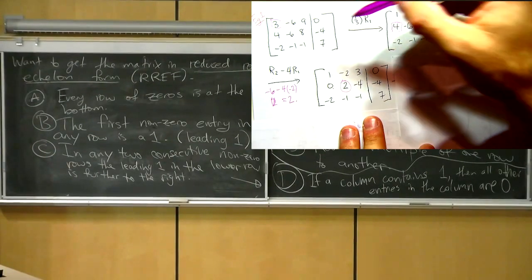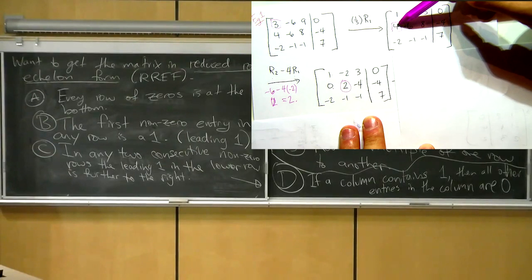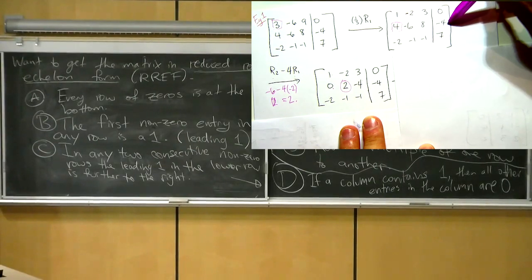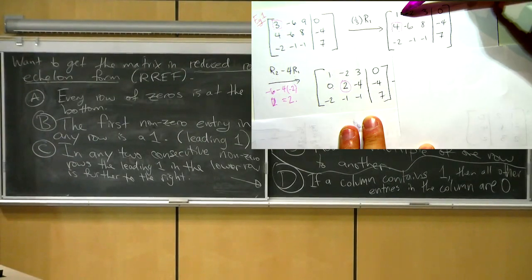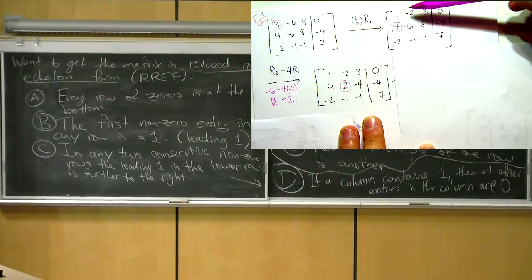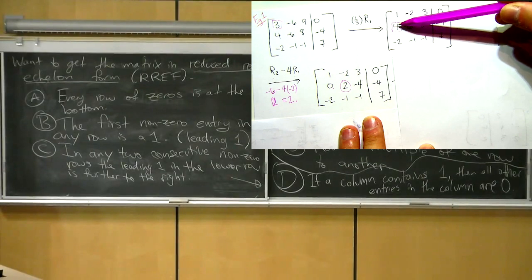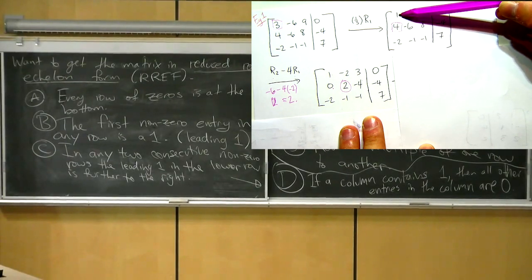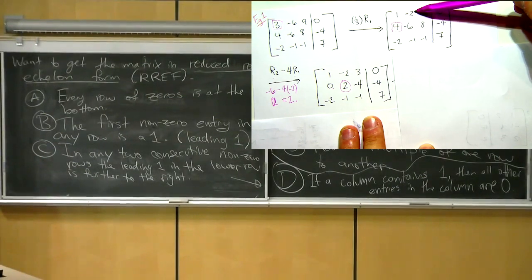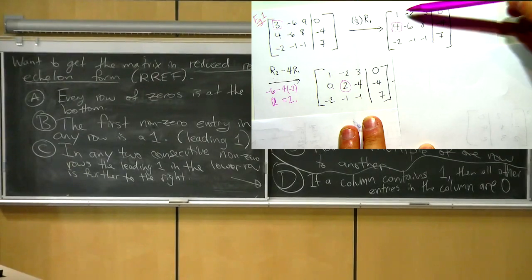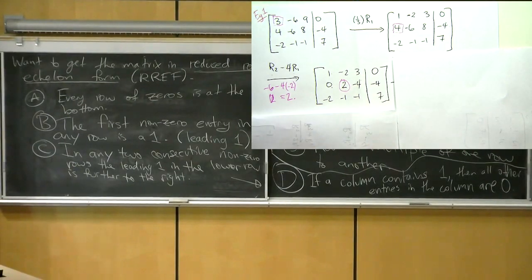So I'm taking my second row, which was 4, negative 6, 8, and negative 4. I subtract 4 times the first row. The first row has a 1 here, so I take 4 minus 4 times 1. Here I have negative 6 minus 4 times the thing above it, that's where the negative 2 is, right here. So row 2 minus 4 times row 1.